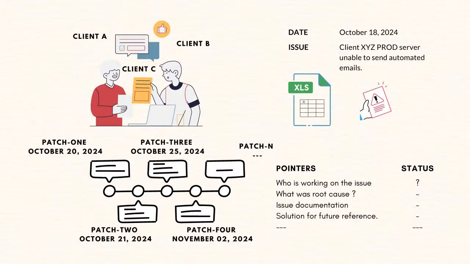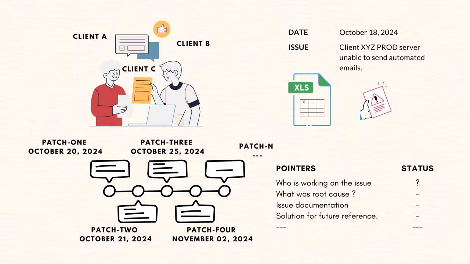At that time, the CPM makes an entry into the Excel file of client A and assigns this issue to developer A. Developer A resolves this issue in a few patches, gives the final patch to client A, and makes the entry in the Excel sheet also.